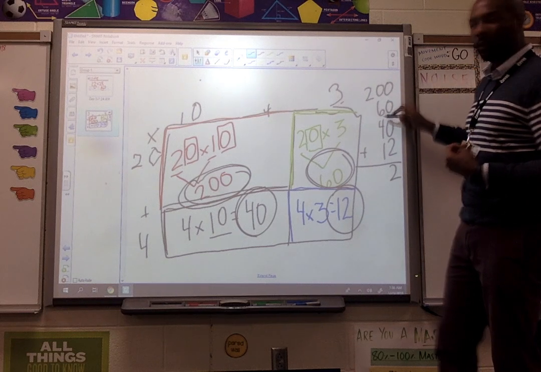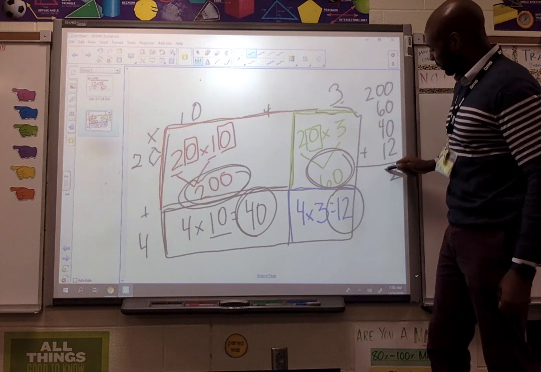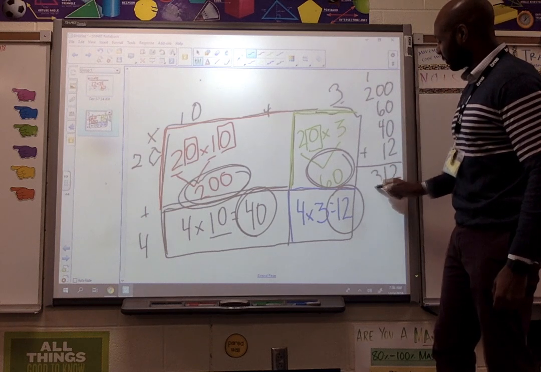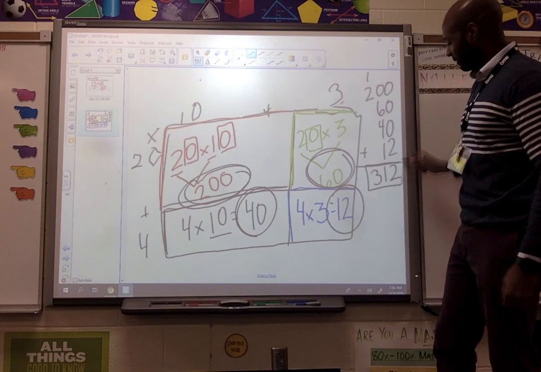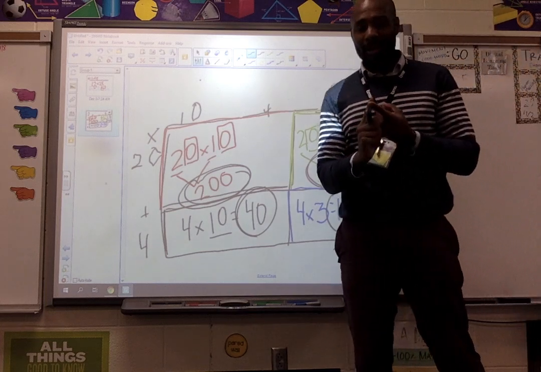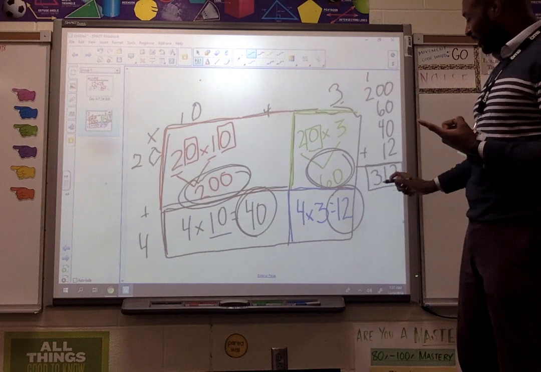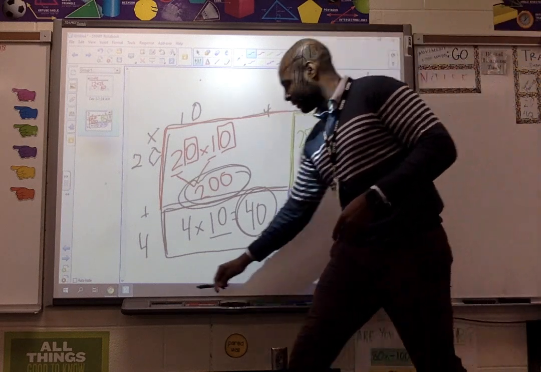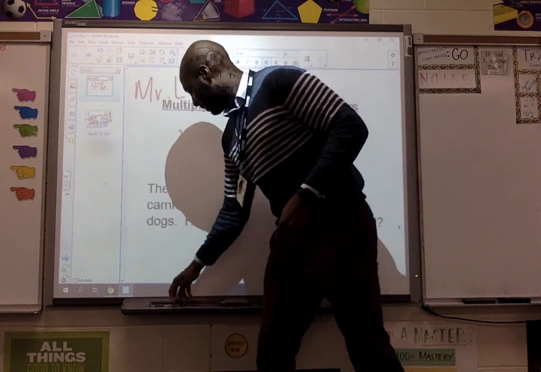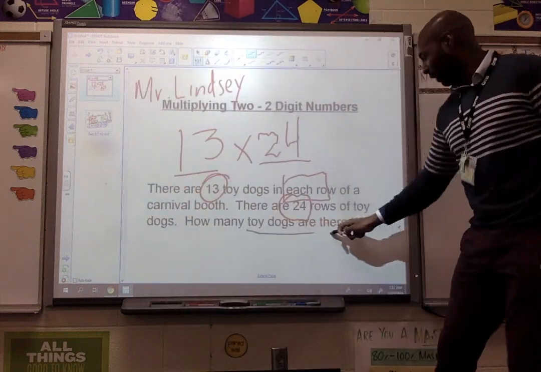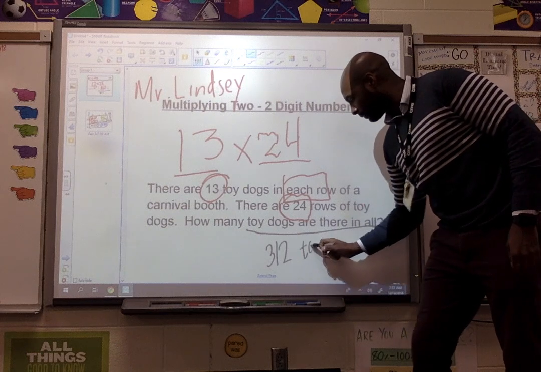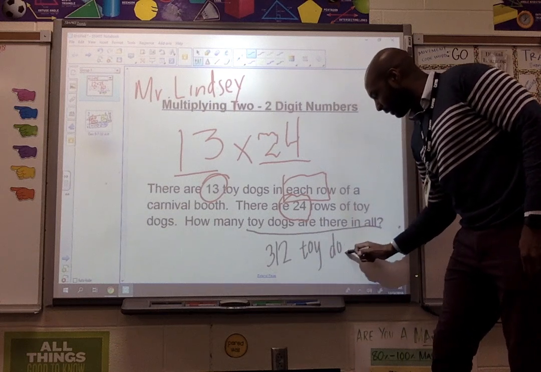I know 6 plus 4 equals 10, plus 1 equals 11. And 1 plus 2 is 3. So my full product is 312. And we were talking about, in our problem, how many toy dogs there are in all. So I can say that there are 312 toy dogs.